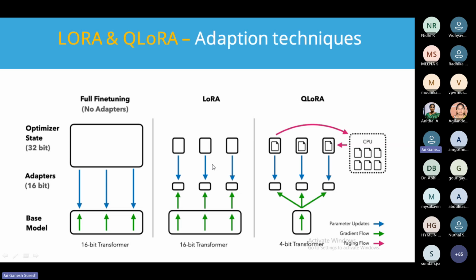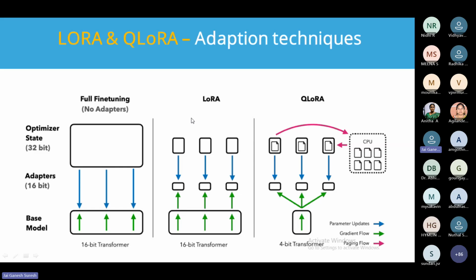Instead, I have some data, optimizer state. I'm updating my model with a few adapters, a small number of adapters. These are the adapter data I'm going to integrate with my base model to make my model understand new knowledge it was earlier not aware of. This is low rank adaptation.